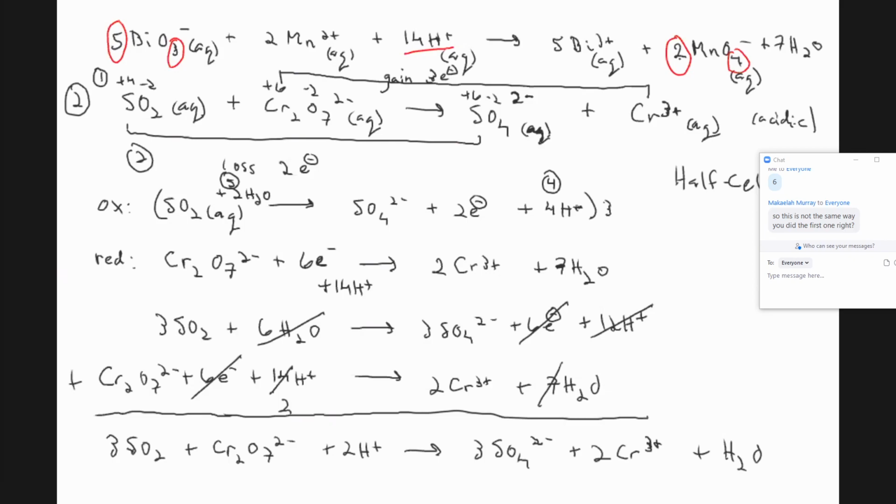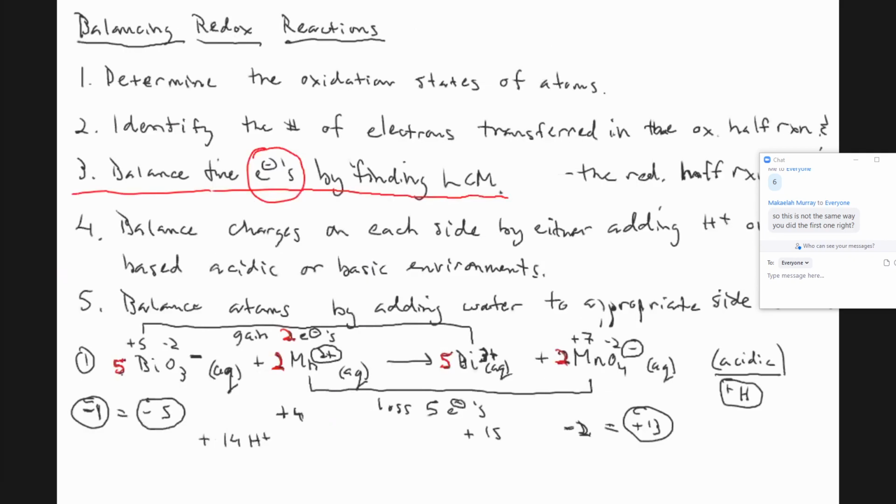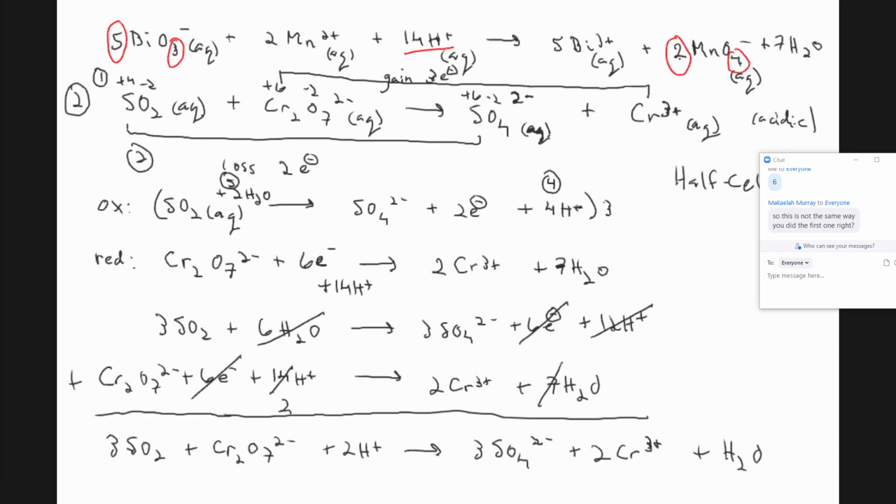And the one that I did previously was called the bridge method. Both are discussed in the book. You can choose either one to figure out your oxidation and reduction half cell reactions, to balance out your redox reactions. Any questions?